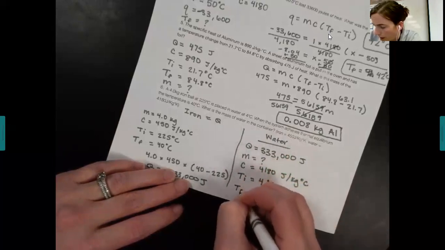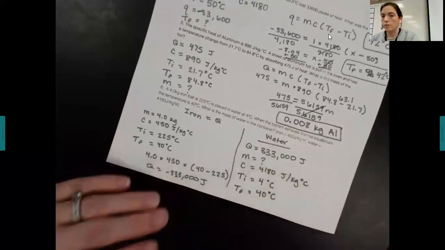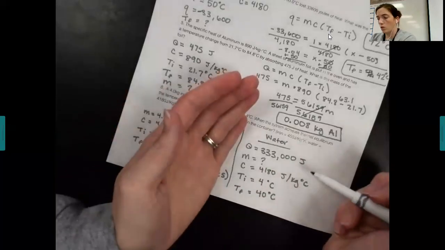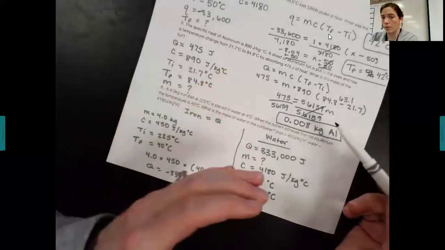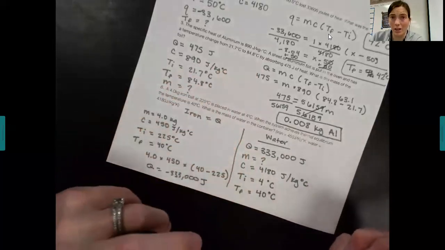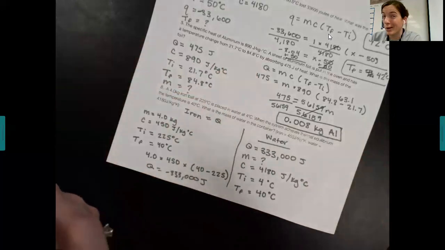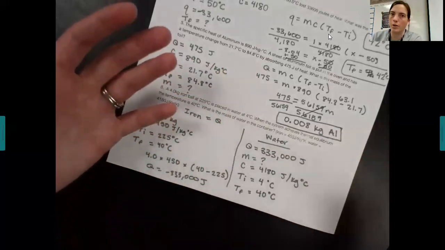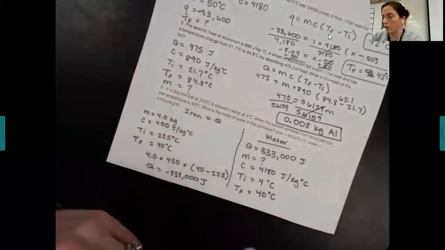And we know that the final temperature is 40 degrees Celsius. All right, so this is what you need to solve now for the mass, which is what we did up here with number 5. So I'm going to let you guys finish number 8 because I know you can do it. You don't need me to do it. You might want me to do it, but I know you can do it on your own. So I'm going to make you a better, stronger student by doing it on your own.